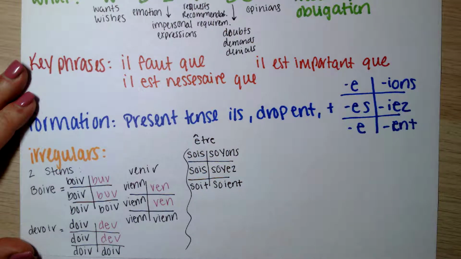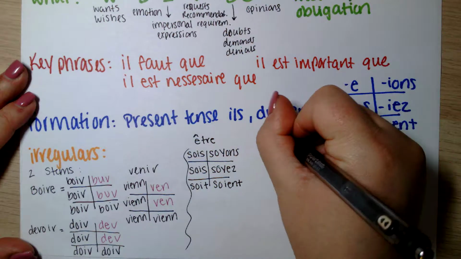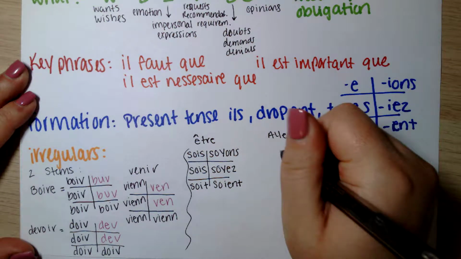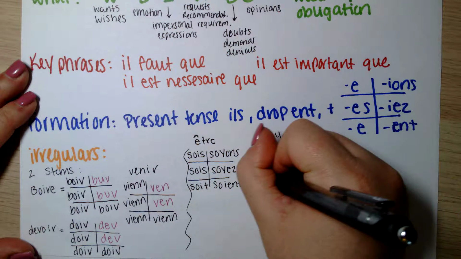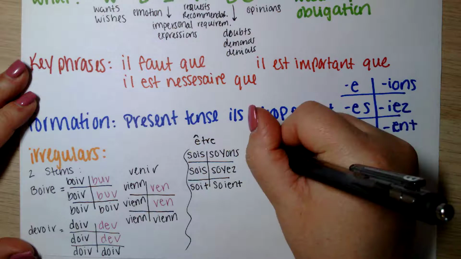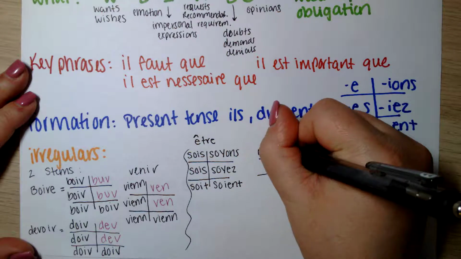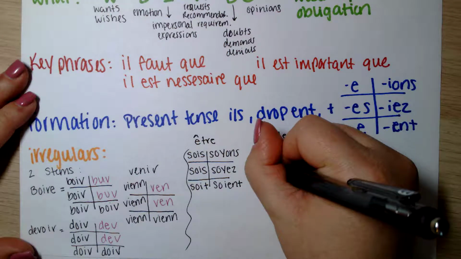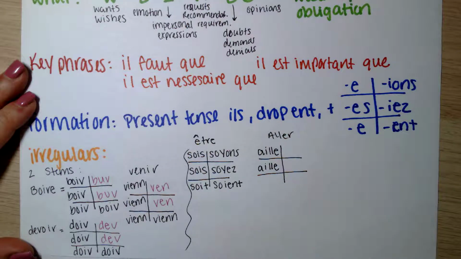Okay, our next verb is the verb aller. The verb aller in the subjunctive, I know it looks nothing like how it should be pronounced, but it just wouldn't be French if it was pronounced how it looks.